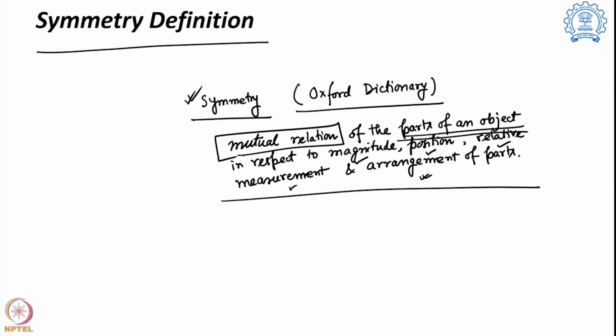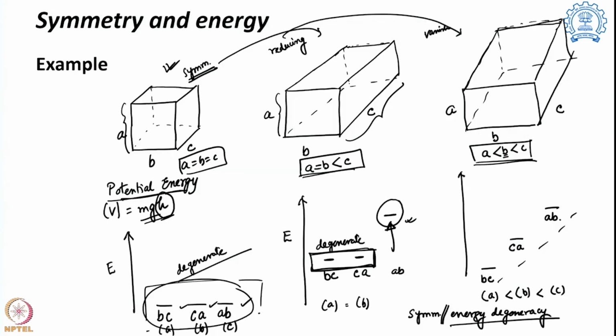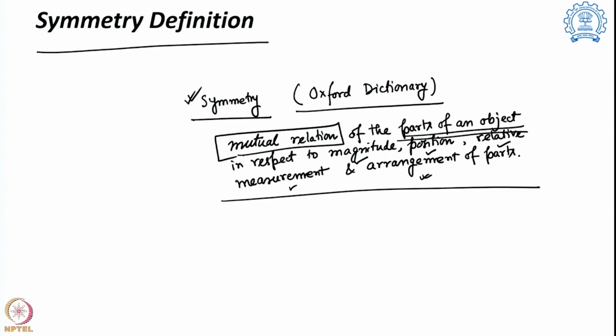So, that is what we try to define. In the previous slide we just saw that. If I go back, you can see we have these different symmetries, and as we go down we are changing the energy. So similarly, that is the definition of symmetry. Now we understand the definition of symmetry.